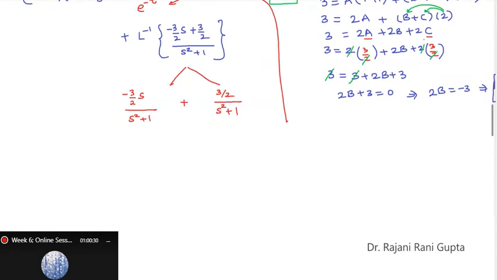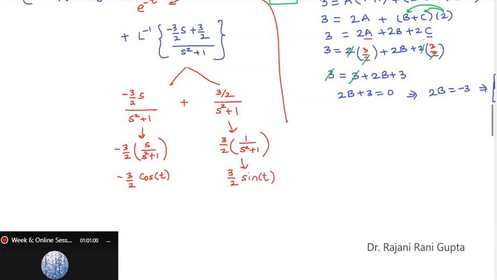So when you work with this, it is the same as minus 3 by 2 times s over s square plus 1, and this gives you, taking the constant outside, 1 over s square plus 1. Now if you look at the rules in the table, this is minus 3 by 2, cos a t with a is 1, so cos of t. This will give you 3 by 2 sine of t. In between the sign is plus.